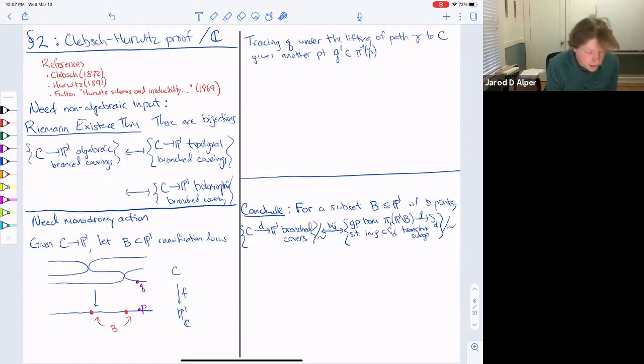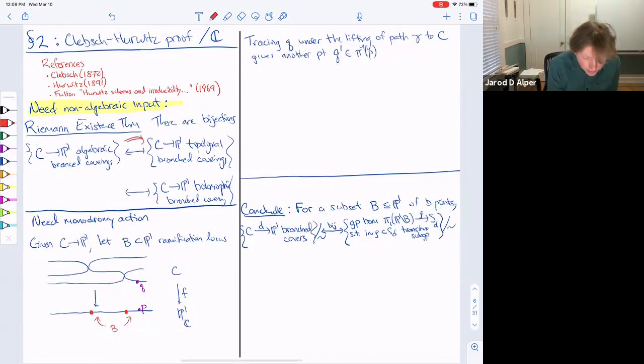So the one result we need that's sort of non-algebraic is the Riemann existence theorem. And we'll need it in the following form: there are bijections between algebraic branch covers, topological, and holomorphic ones.